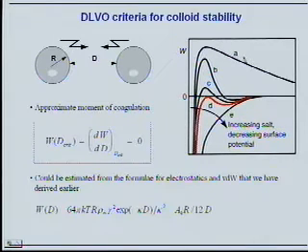At low electrolyte, you're going to have high repulsion. You add more electrolyte, the repulsion becomes smaller and smaller. And then at some point, this energetic barrier is actually going to hit the zero axis, so you're not going to have repulsion at all. Assume that this is the moment when the system becomes unstable.